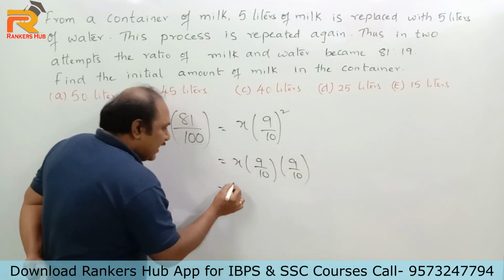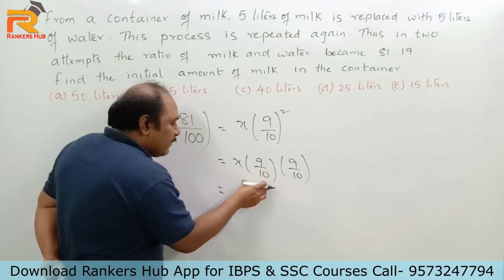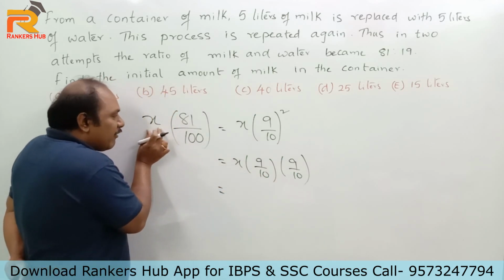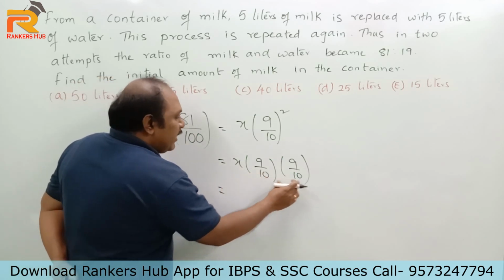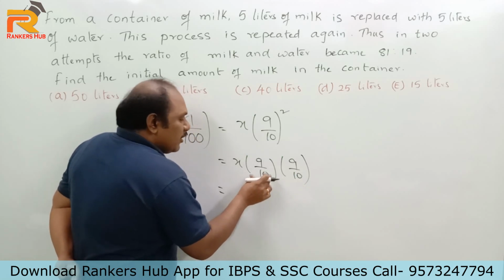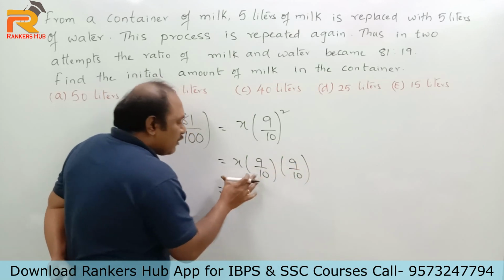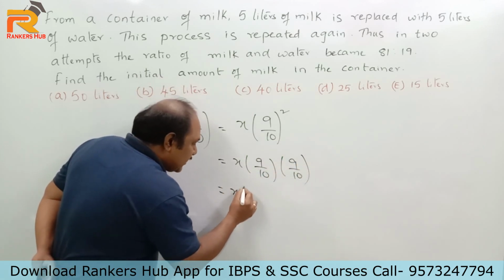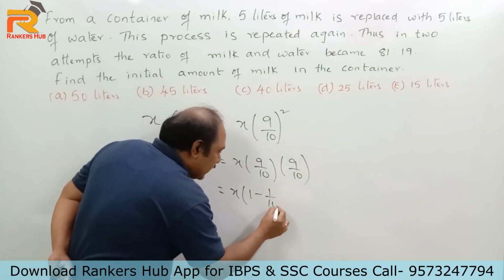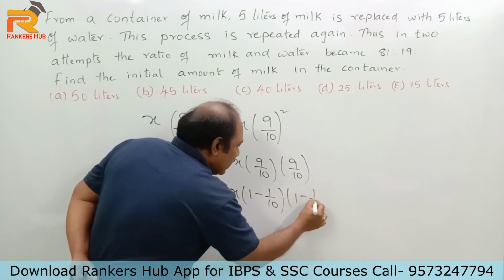Now this is the remaining quantity of milk. If I assume the original quantity of milk is x, after performing 2 times, you will be left with 9 by 10th of x. Again from that remaining 9 by 10th of x. So x into 1 minus 1 by 10 into 1 minus 1 by 10.